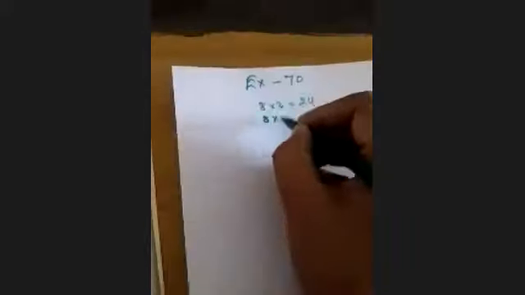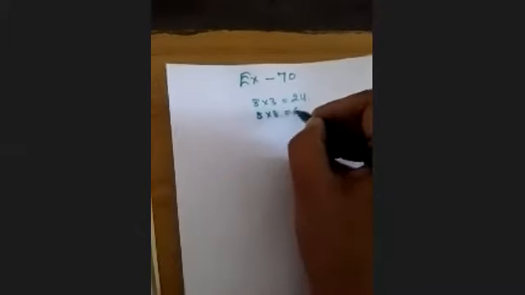Next day, Tuesday: 2, 4, 6 and 8. In this column we have 8 pictures, and each picture represents 8 bulbs. So how many bulbs were sold on Tuesday? 8 multiplied by 8 is 64.